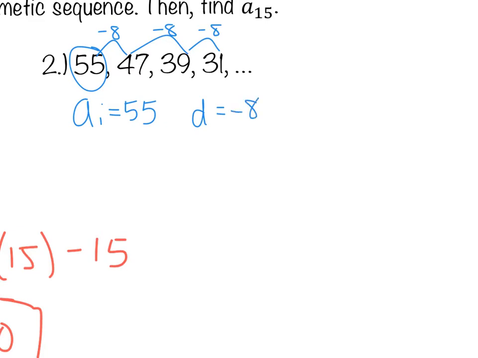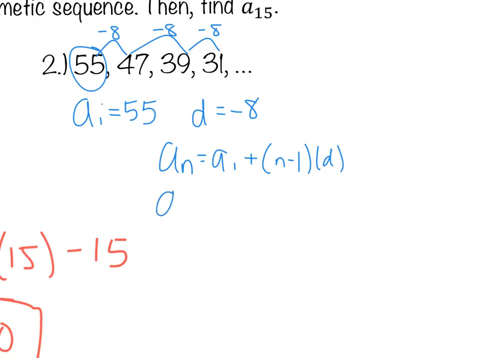So now when we go to plug this into the formula, the formula again is A sub n equals A sub 1 plus n minus 1 times D. I messed that up a moment ago, so I'm just going to plug everything in.